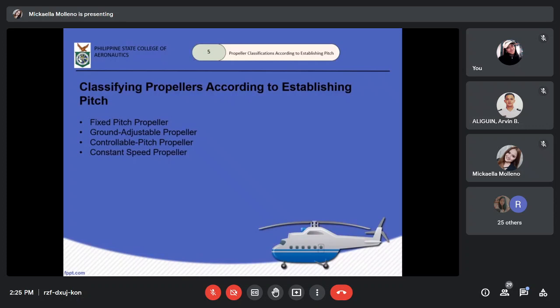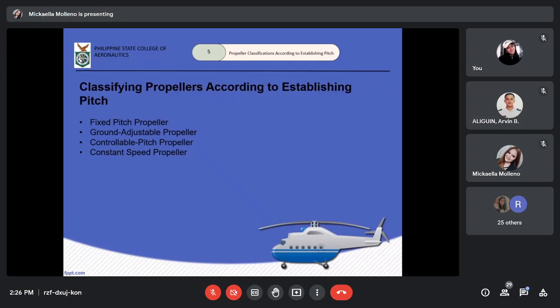So the next classification is the constant speed propeller. Main difference nila ni controllable pitch propeller is for constant speed propeller, the pitch is automatically changed to maintain a constant RPM. Di ba kanina manually? So, for this one, it is changed automatically.